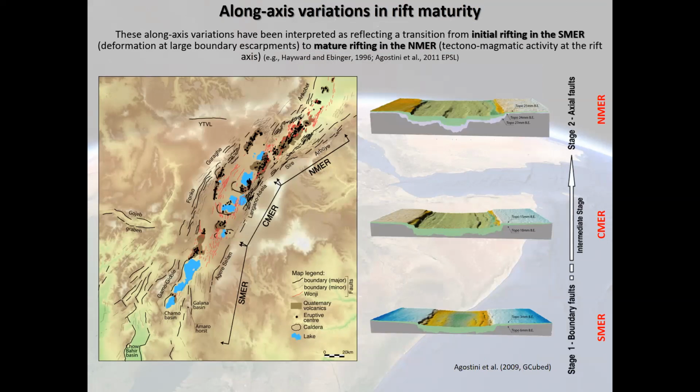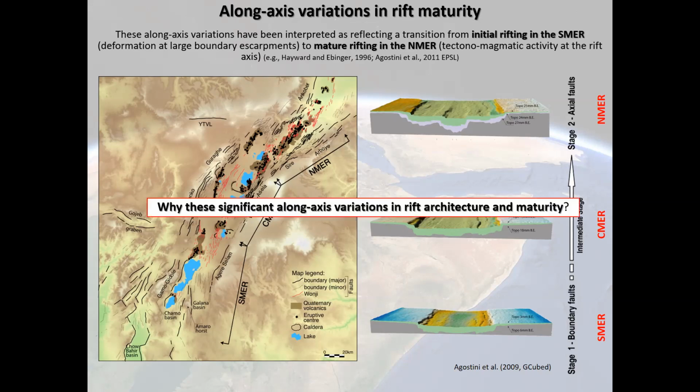These simple models confirm the view suggested by Cindy and others during the 90s that the passage from boundary fault activity in the southern Main Ethiopian Rift to axial fault activity in the northern part is related to an along-axis variation in rift maturity, passing from the initial stages in the south to more advanced stages in the north.